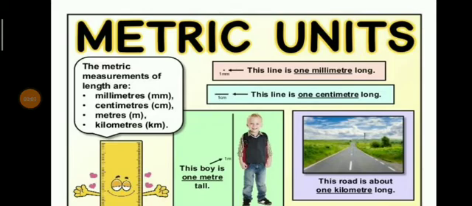As you can see, the boy is 1 meter tall. This road is about 1 kilometer long. This line is 1 centimeter long. And the above line is 1 millimeter long.